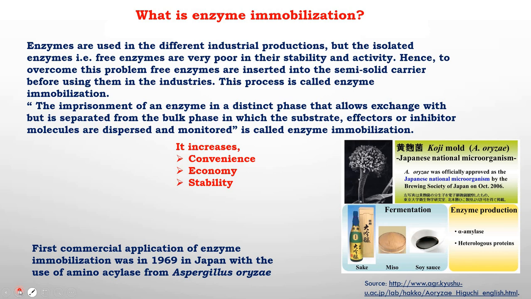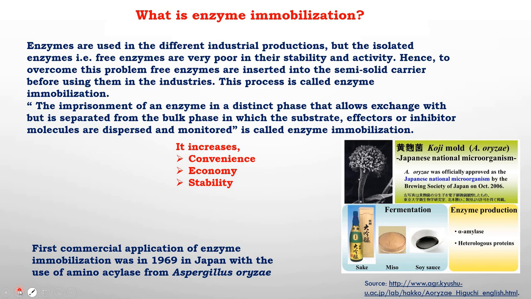Being more technical, the definition will be the imprisonment of an enzyme in a distinct phase. Now, distinct phase means a particular phase of the enzyme production when the enzyme is capable of showing its full activity. Because every enzyme, we all know, is the product of some biochemical pathways.